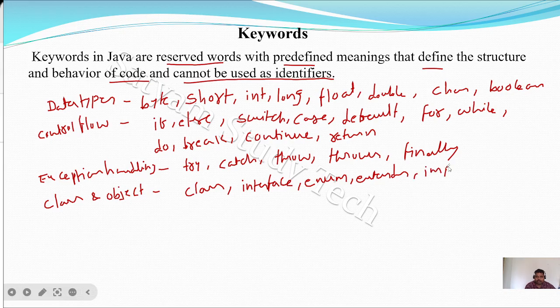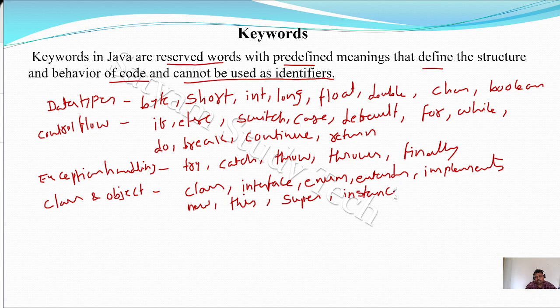In an interface you can use implements. And the new keyword: you can create an object for the class by using new. And the this keyword, the super keyword, and instanceof. So these are the keywords used in classes and objects.